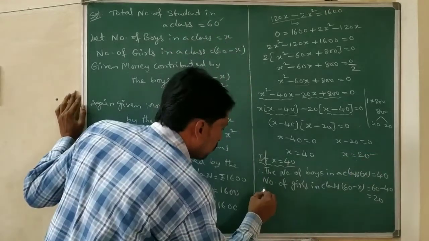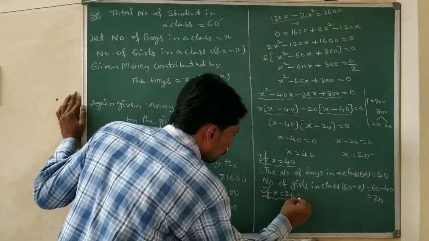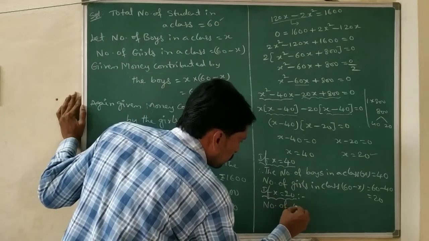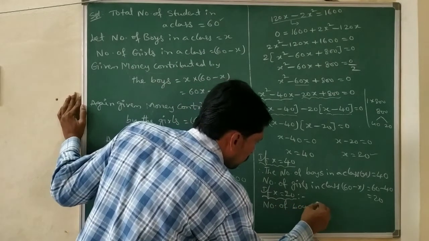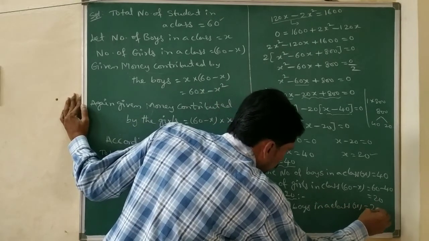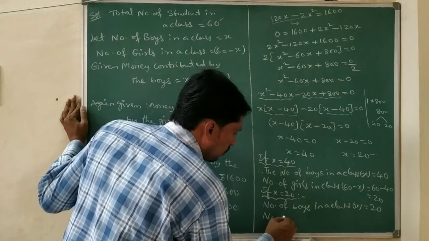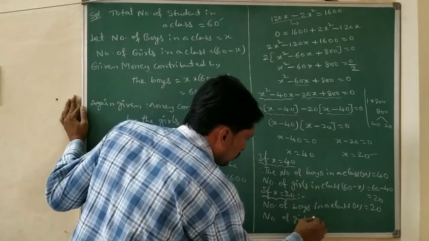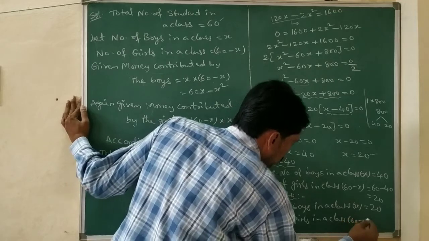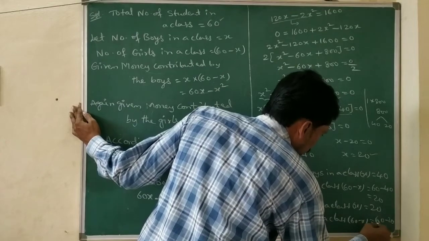So if x equals 20, number of boys in the class is x equals 20, and one more step, last step: number of girls in the class is 60 minus x, equals 60 minus 20, that equals 40.